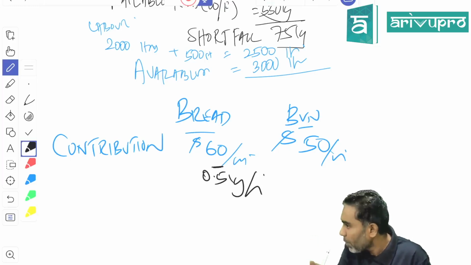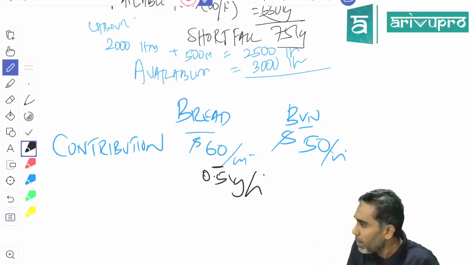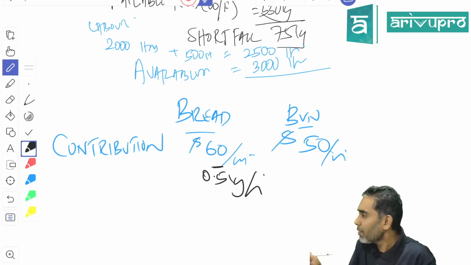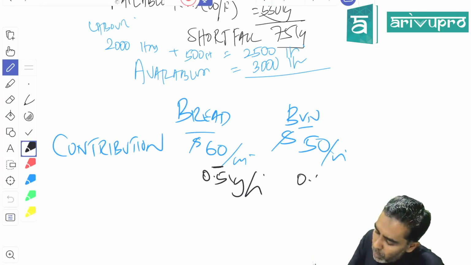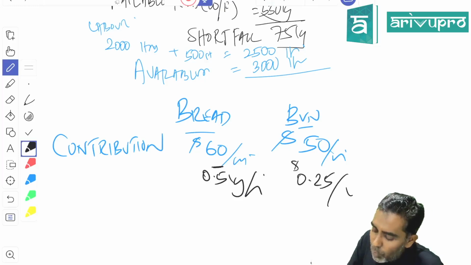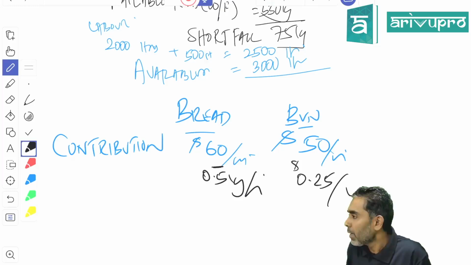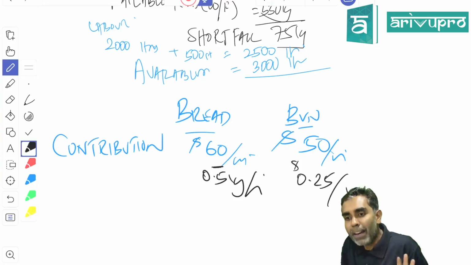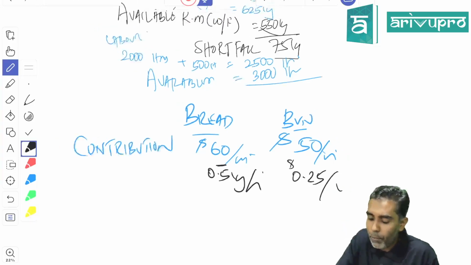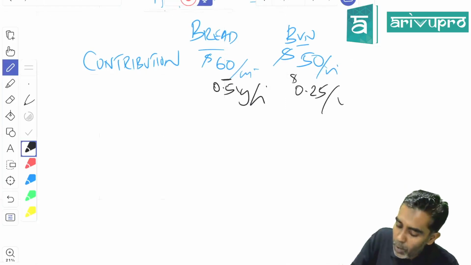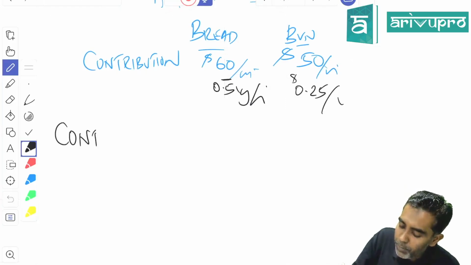When you are giving it to bread, it gives you a profit of 60. While for bun, whenever you give 0.25 kilo, it gives you a contribution of 50. Is it on comparable ground? No. Therefore, we need to calculate contribution per limiting factor.